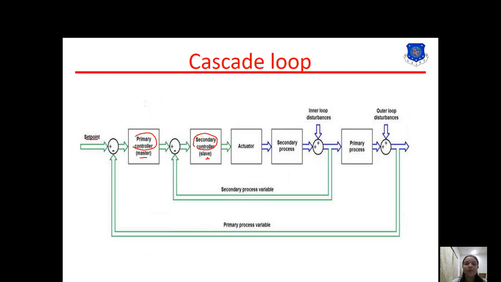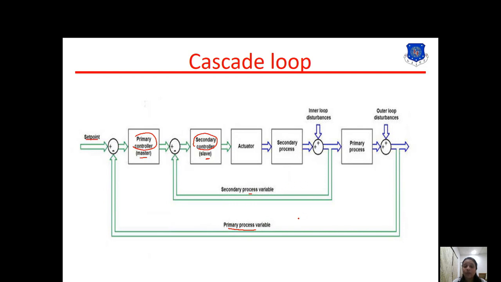The output of the secondary controller is given to the actuator and then the secondary process. This is the inner loop of the system, and the variable of the inner loop is called the secondary process variable. Now the output of the inner loop is given to the primary process variable, and this is the feedback loop of the system.